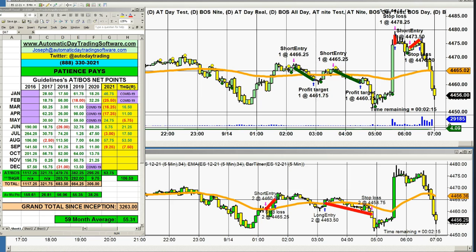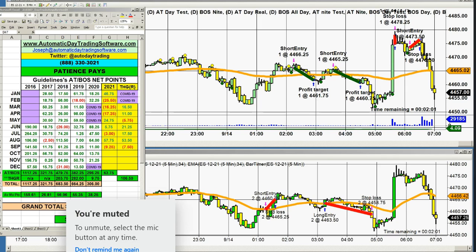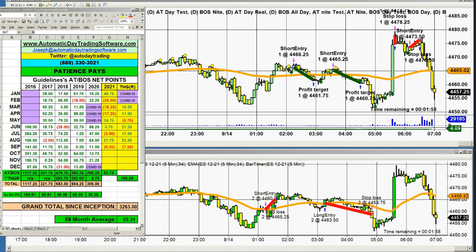You can see that we're down to 9.25 just in the last 2 days. And last month we started out in the hole and we ended up with 111 points, 111 and a quarter. And I'm not saying that's what's going to happen this month, but it's very similarly happening the same way.